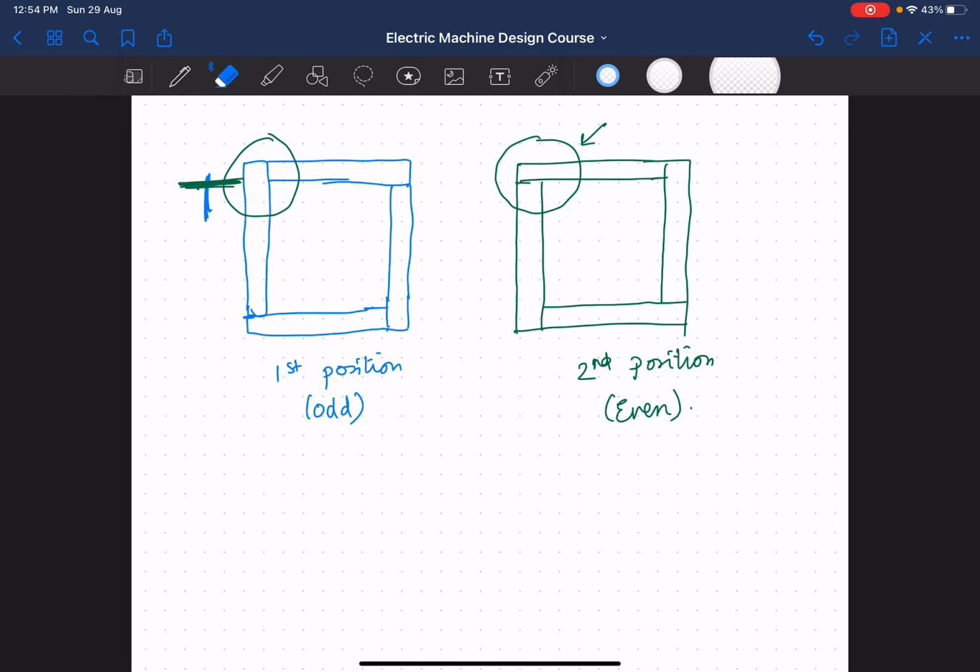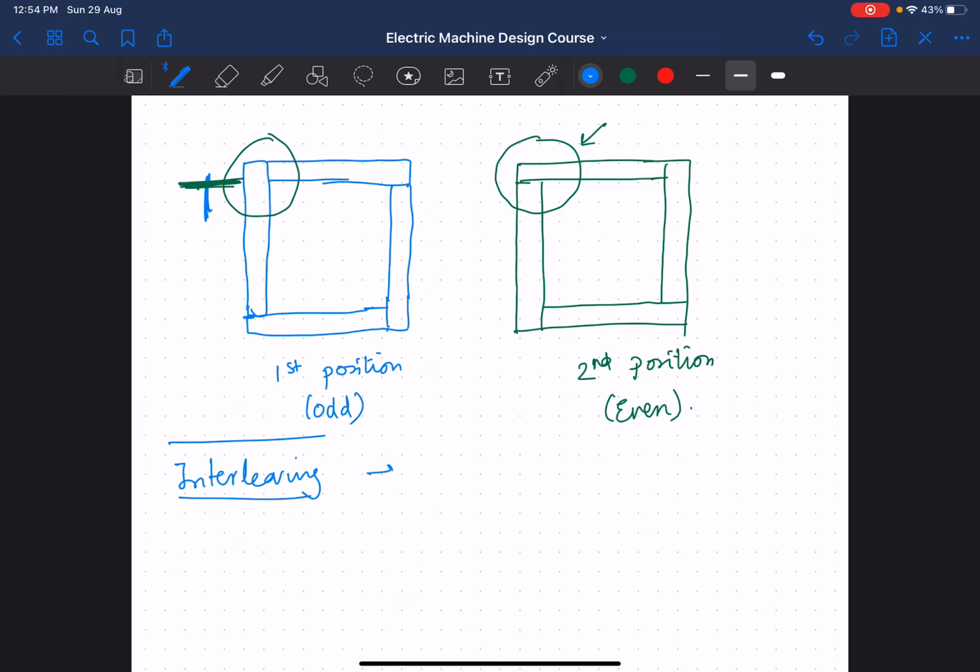There is this concept which is known as interleaving. Interleaving is the process where you have one lamination arranged one way and the other lamination arranged in the opposite way, right? This is the process.